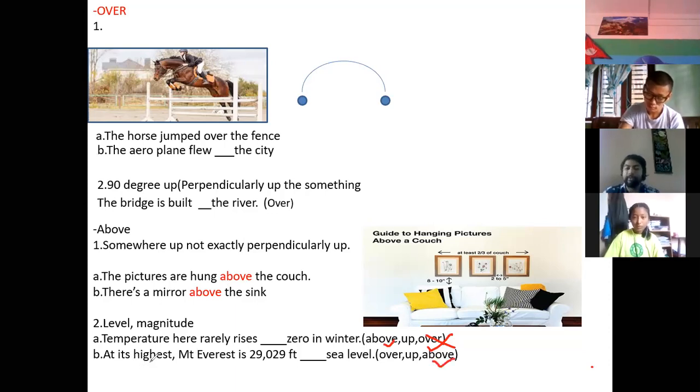Similarly, altitude measured from a reference. So Mount Everest, the highest, is 29,029 feet above sea level, not over the sea level. Remember that. So students, are you clear about this? All right, good.